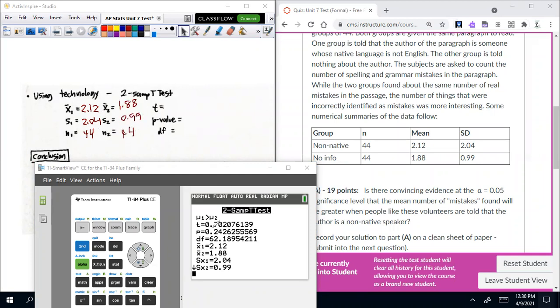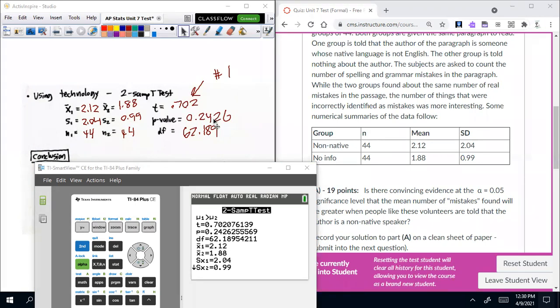I have all these values right from my calculator. I got the t, which is 0.7. That's what you're going to put into question number 1. When it says put your t value in, I would put 0.702. And my p-value in this case would be 0.2426, and my degrees of freedom 62.189. But I don't have to do any work for that, right? All that's in the calculator, 2-sample t-test.